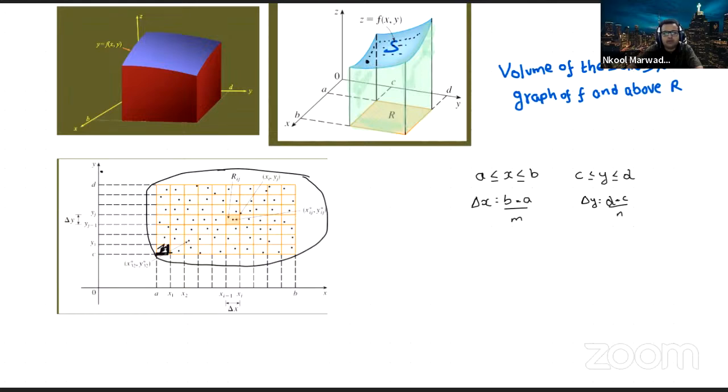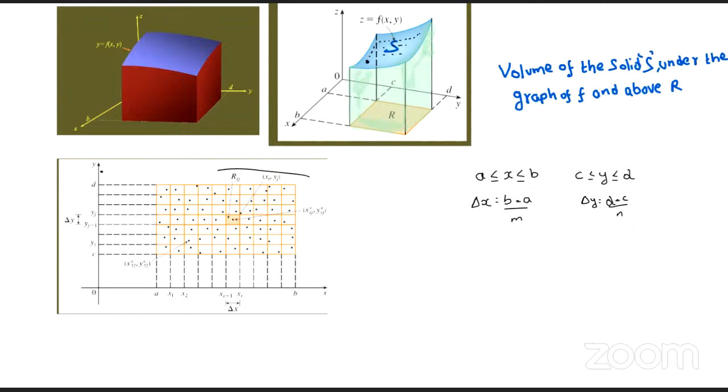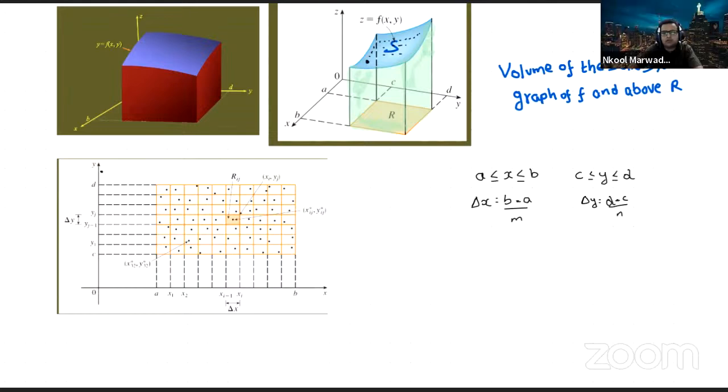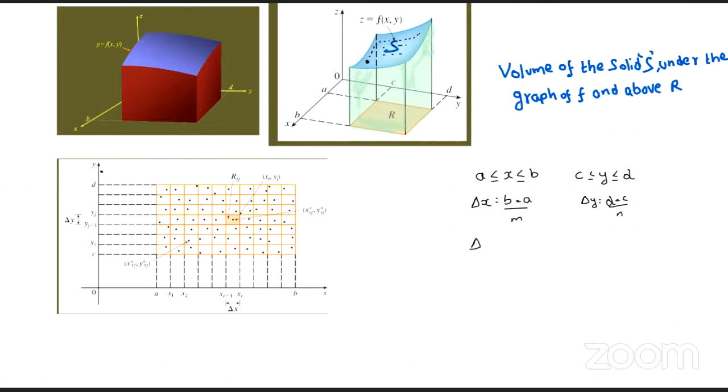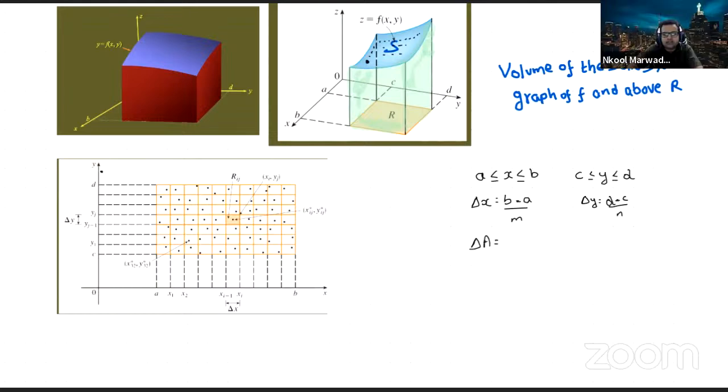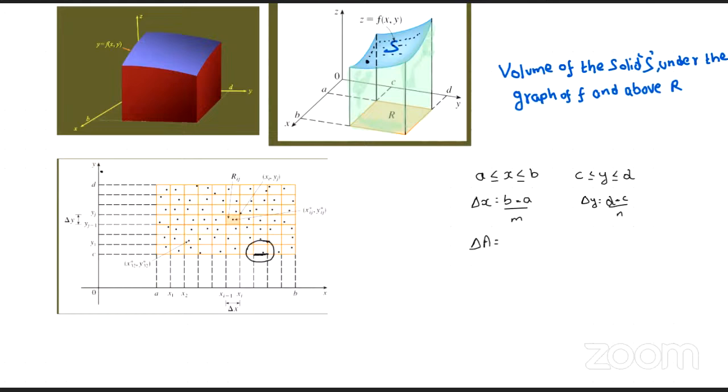Are you okay with this? Yeah, I'm getting it. The base into height, and then we multiply it. Yeah. If I take any rectangle, let us suppose I'm taking this, this line I'm drawing is delta x, and this height I'm drawing is delta y, because it is the y-axis. The area of this rectangle is delta x into delta y.